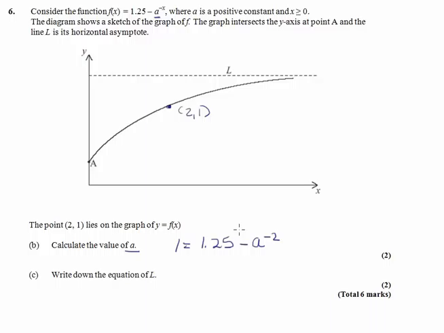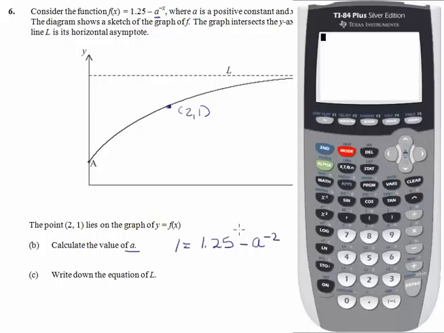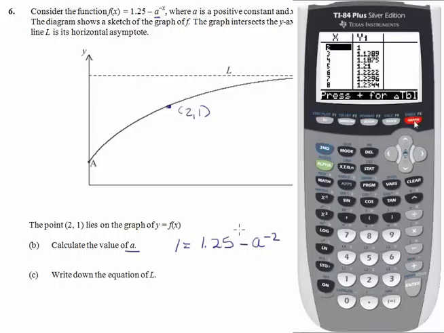And so again, we are looking for the value of a, and I'll go to my calculator. One thing to realize is when we plug things into the calculator, the variable is going to be x. So when I type this in, I have 1.25 minus x to the negative 2, because I can't type in a. That's the way the calculator works. And then when I go to the table, what I'm looking for is when the y value is equal to 1.